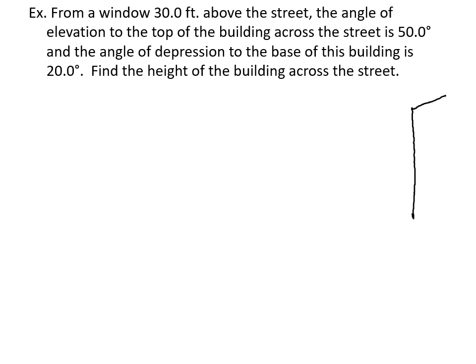So here's your building. And depending on how good you draw, you can add all sorts of nice diagrams. There's a building, and then there's another building across the street.